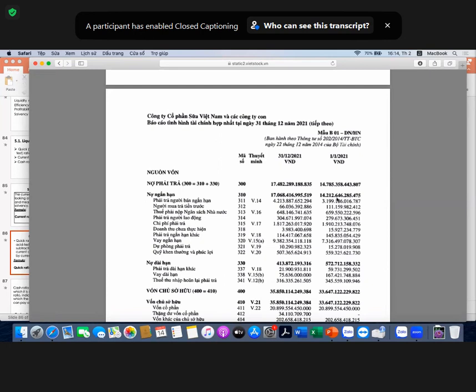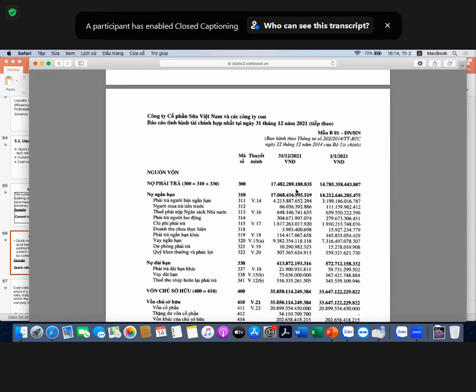For every đồng of current liabilities, the company has 2.12 đồng of convertible assets to meet its short-term debts in 2021.